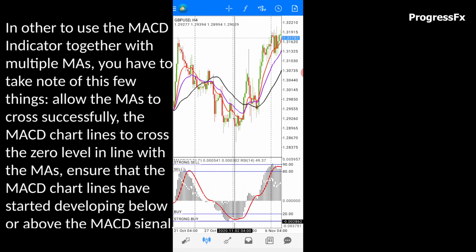Sometimes it will come above, more below the MACD signal line, and touch this same 10 strong buy level, which indicates that the buyers are currently placing trades, which means the market has been oversold and buyers have started reacting in the market.